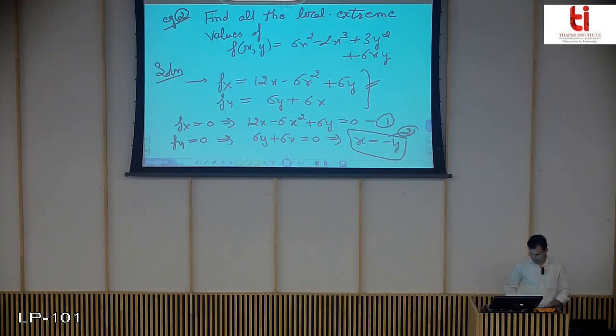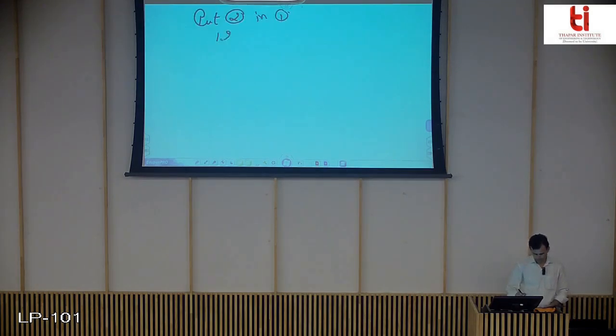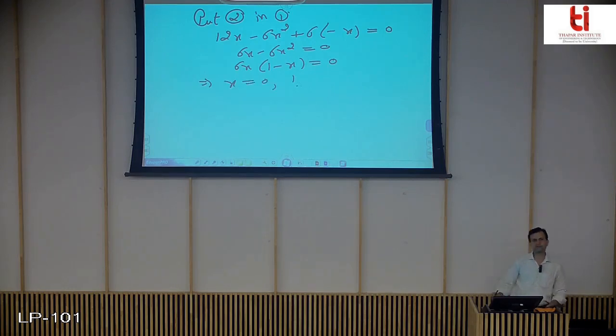You have 12x minus 6x square plus 6 times (minus x) equals 0. You get 6x minus 6x square equals 0, 6x(1 minus x) equals 0, implies x equals 0 and 1.